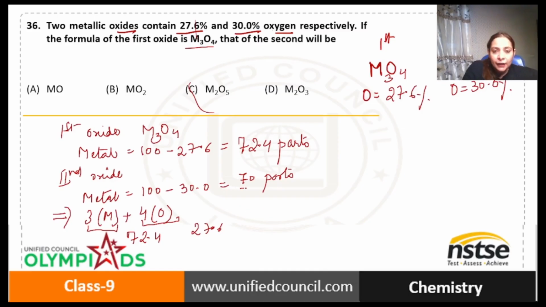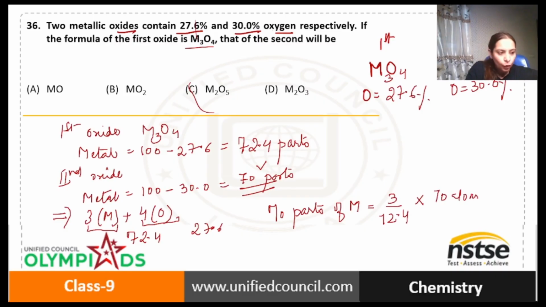Now if we wish to find it for 70 parts, we can say that 70 parts of M, because here you have found that metal is 70 parts, is equal to 3 by 72.4 into 70 atoms of metal M in the second oxide. If you solve it, it comes out to be 2.9 atoms of M.